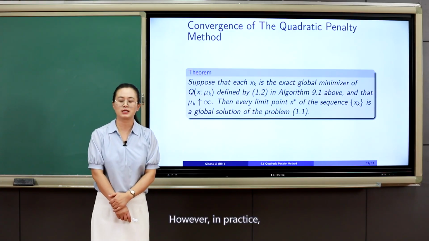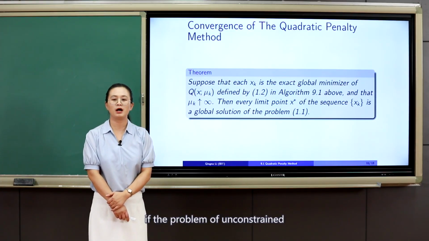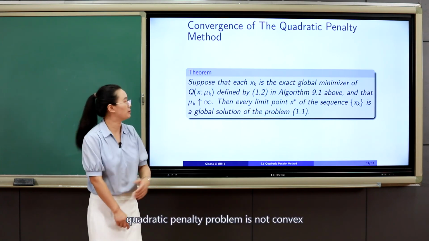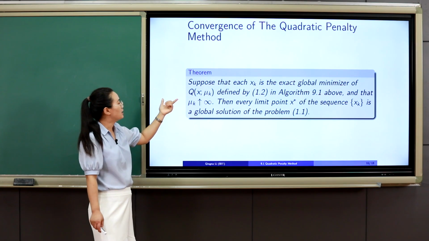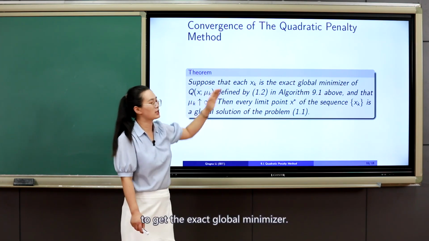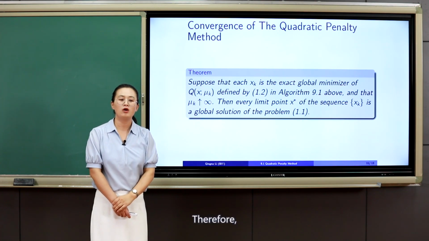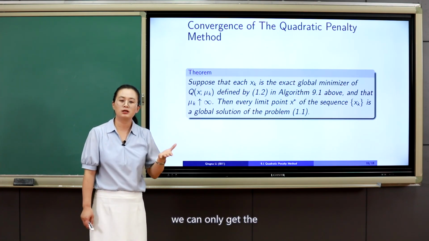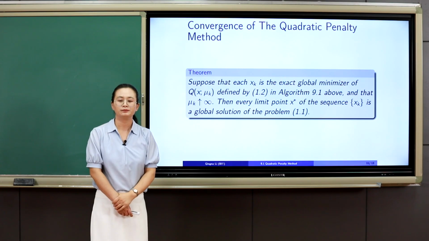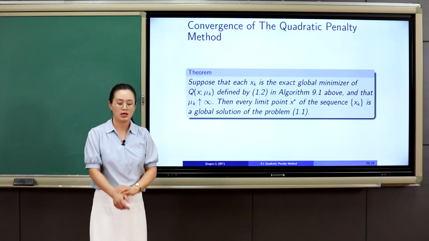However, in practice, if the unconstrained quadratic penalty problem is not convex, it is usually difficult to get the exact global minimizer. Therefore, we may only get a local minimizer or stationary point.